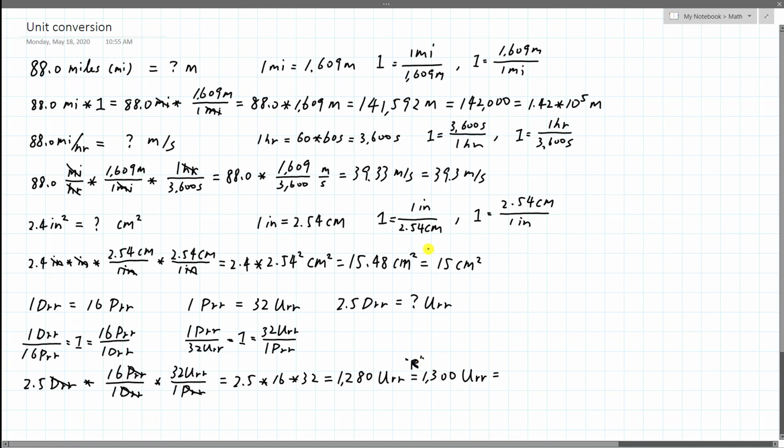That's why these are equal, and we kind of rounded here, and we rounded here, and we also rounded here. Okay, so now we want to make sure we're not ambiguous. So 1.3 times 10 to the third power. That is the answer.